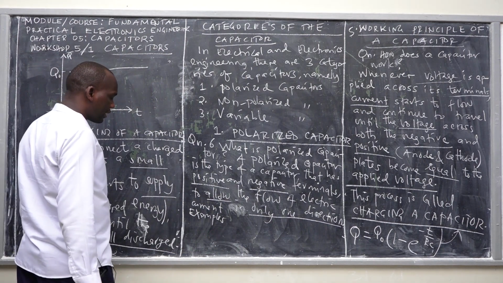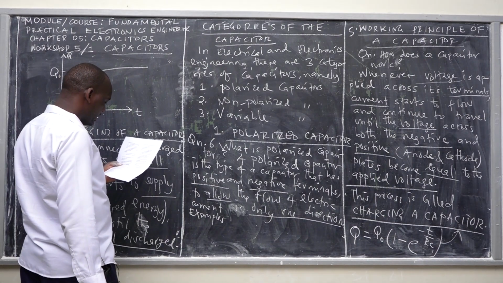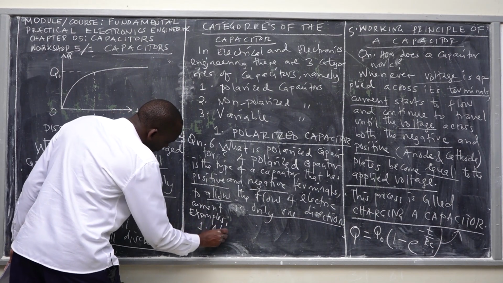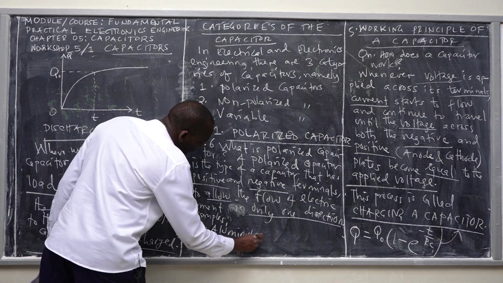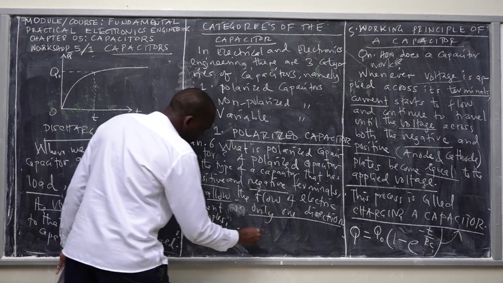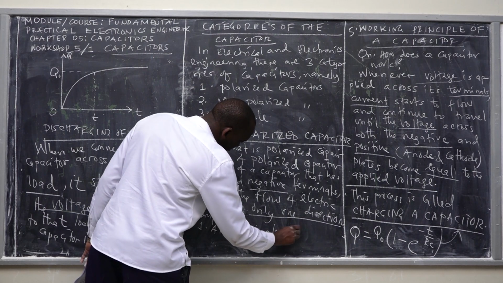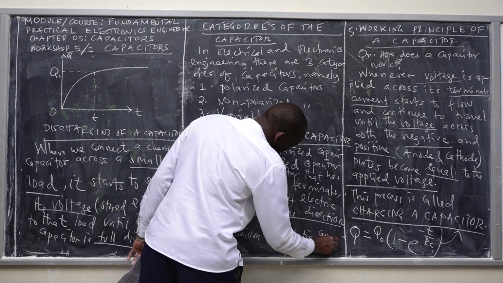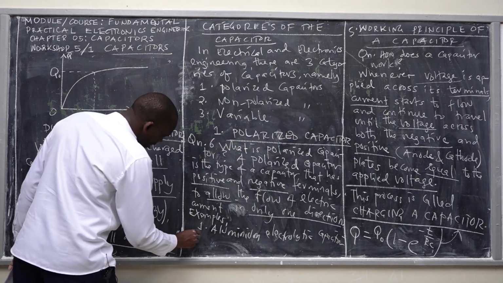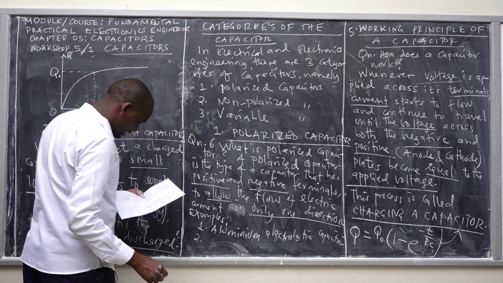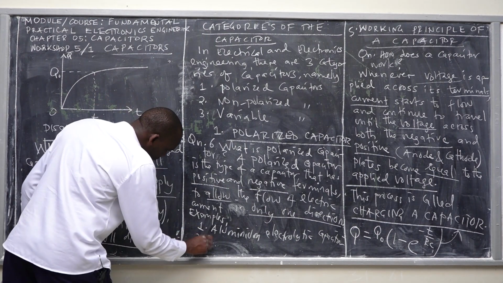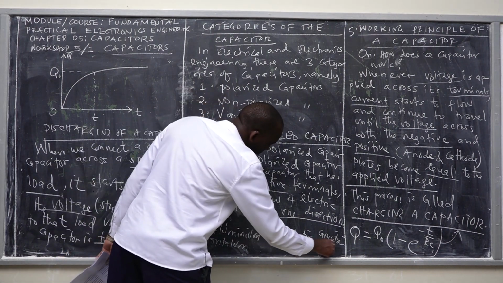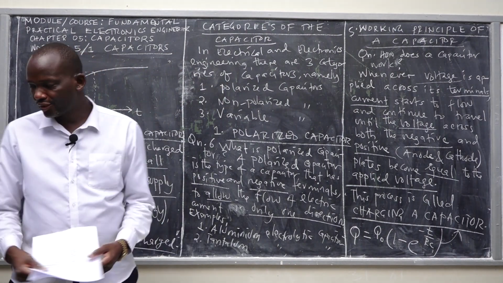Examples of polarized capacitors are the aluminum electrolytic capacitor, and the second one is the tantalum electrolytic capacitor.